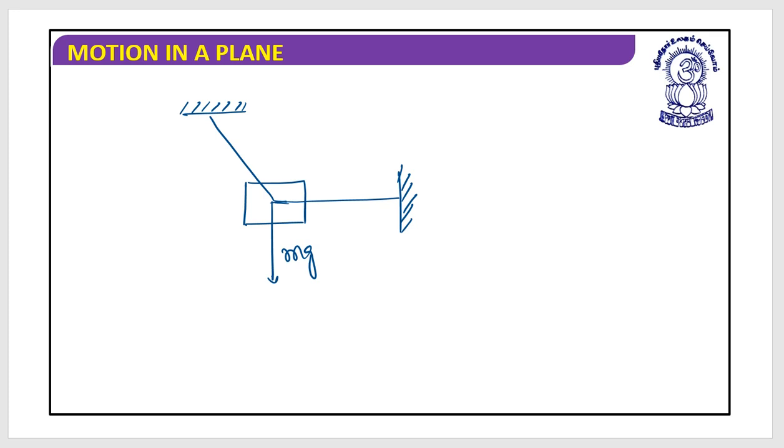Here one of the forces in the string would be developed that we call tension force. This is the T2 force, the tension 2. Let's say this is 30 degrees that they have given.